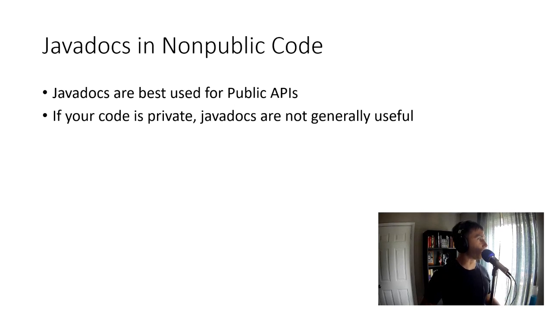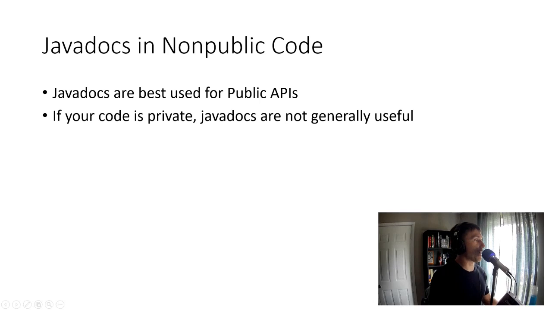And then last slide here, Javadocs and non-public code. Javadocs are best used for public APIs, like I said. In the JDK, if you keep clicking into some of the methods within the JDK, dot equals, dot toString, dot length, dot size. Is dot length? That might be a property. I don't know if that's a function, but you can still click in till you get to the Javadocs.